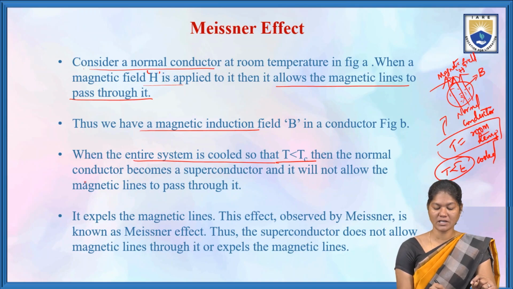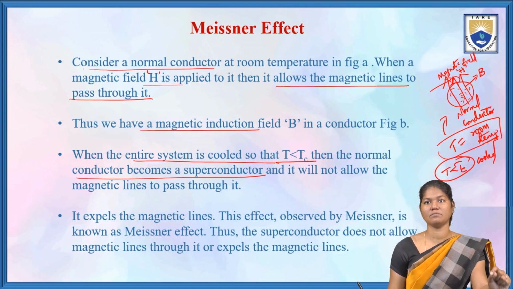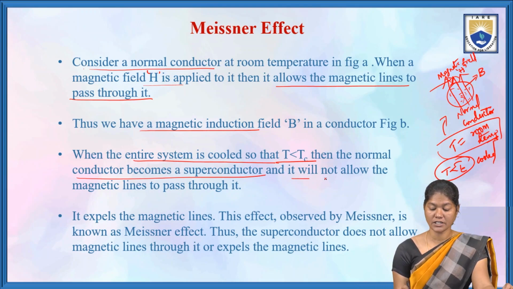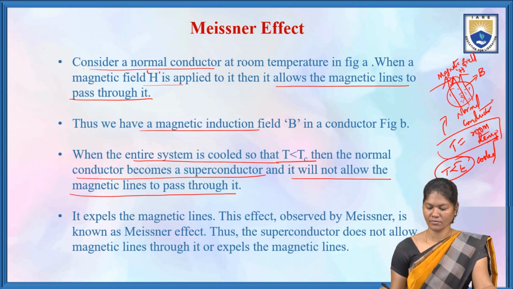Then the normal conductor becomes a superconductor, and it will not allow the magnetic lines to pass through it.